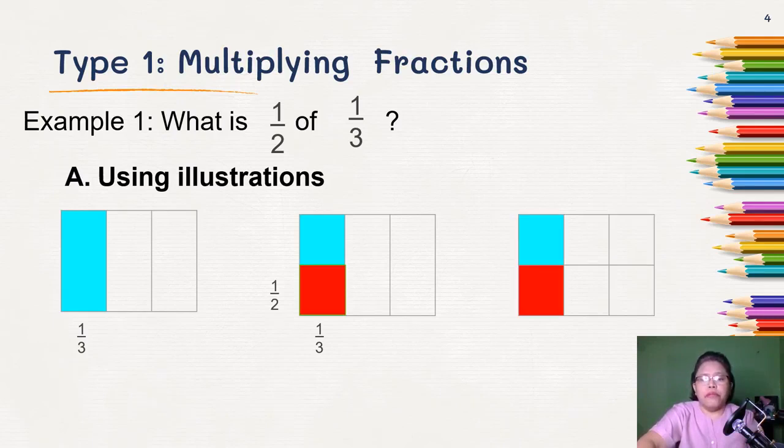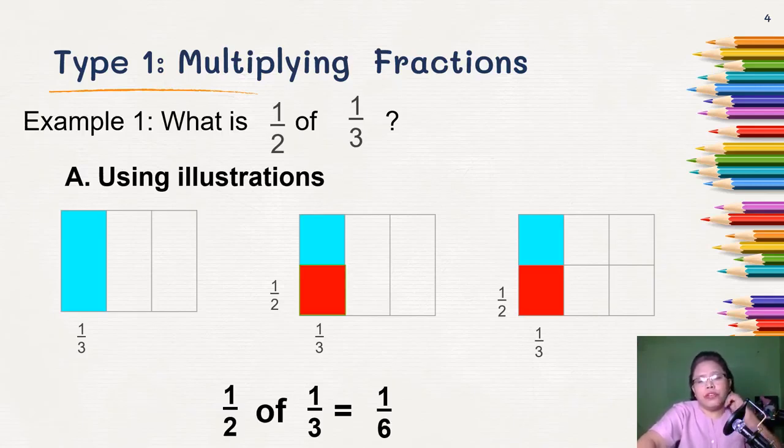Pero, kung i-compare mo siya sa buong rectangle, pwede mong sabihin na ito ay isa sa 6. Kaya, yung sagot natin is 1/2 of 1/3 is just 1/6. So, sagot natin is 1/6 lang kasi ang red dito ay isa lang sa 6 na parts. Diba? So, kitang-kita mo na, 1/2 of 1/3 is just 1/6. Illustrations lang ang ginamit natin dito, di ba?